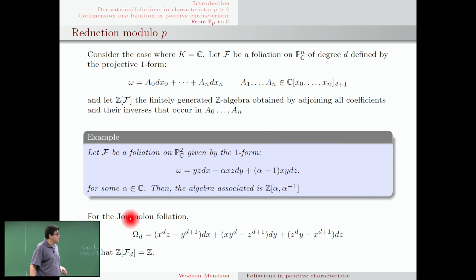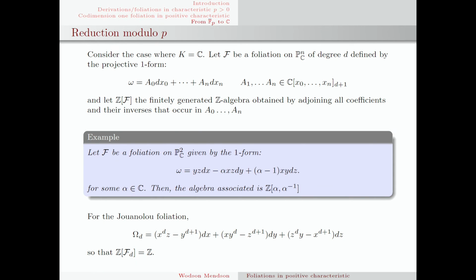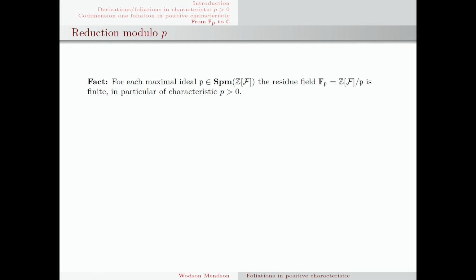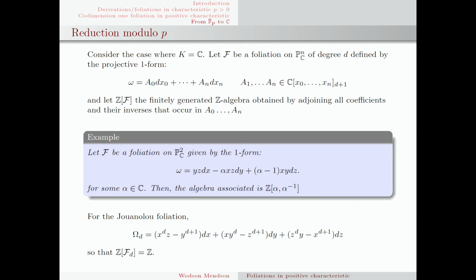And for the general foliation, all coefficients here are integers, so that we have this ring. So the algebra is not associated to the foliation, but to the one-form. We take one element that defines the foliation, and take the algebra associated to the one-form.